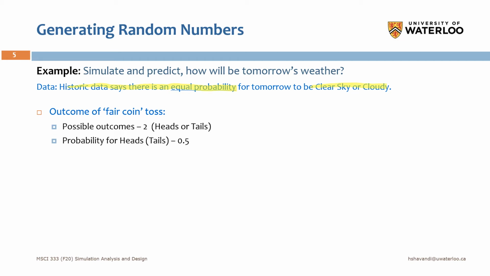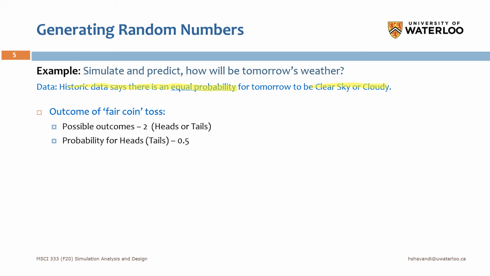One way here is using a fair coin, right? We can toss a fair coin, and we have two possible outcomes, heads and tails. For the fair coin, we know that the probability of heads or tails is equal, and both can happen with 50% chance. Since here we have two outcomes, clear sky or cloudy, with equal 50% probability, we can use tossing a fair coin to simulate tomorrow's weather.